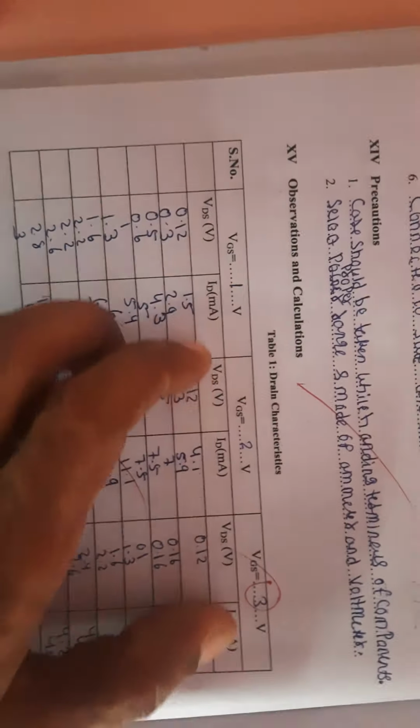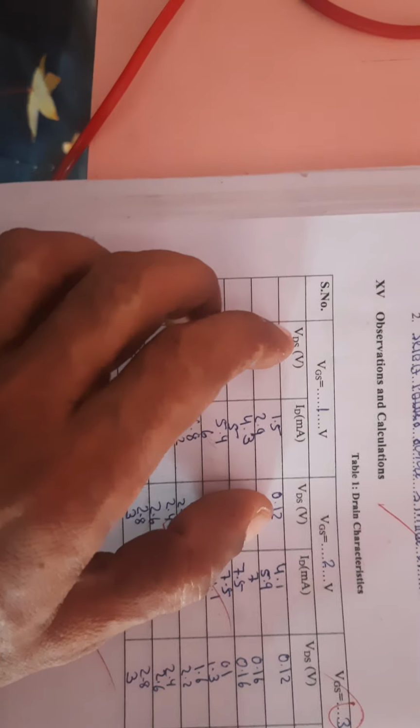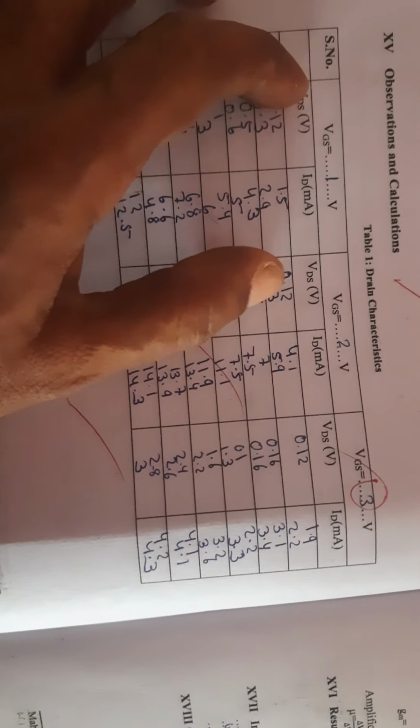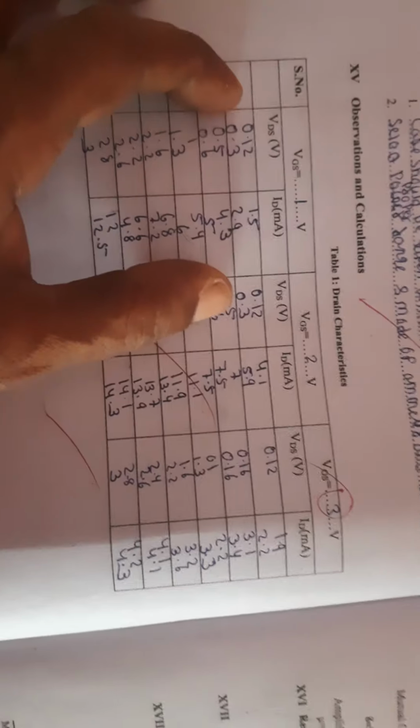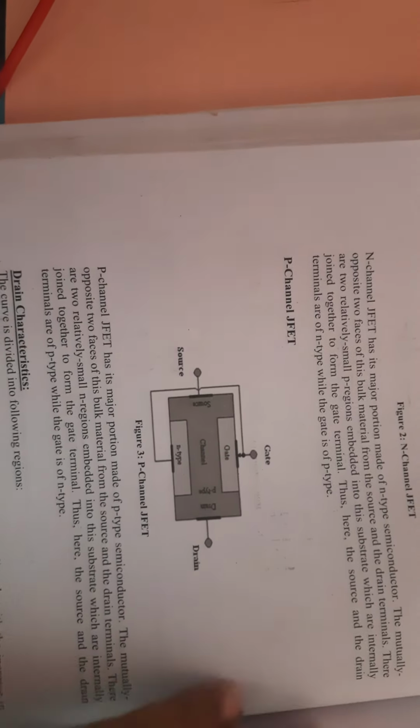So the gate to source voltage increases. At that time we have to note the reading of VDS, drain to source voltage, and drain current. So here student, as the drain to source voltage increases, the drain current increases. So we see here, this is the characteristic of drain current.